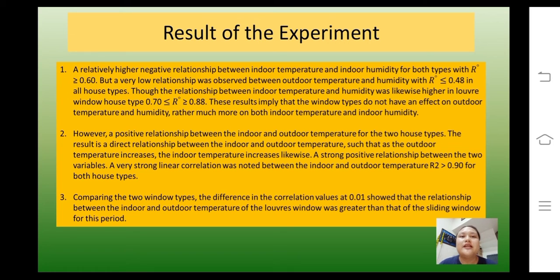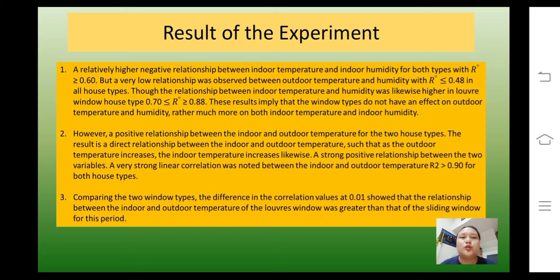The result is a direct relationship, such that as the outdoor temperature increases, the indoor temperature increases likewise. A strong positive relationship between the two variables. A very strong linear correlation was noted between the indoor and outdoor temperature, R squared more than 0.90 for both house types.